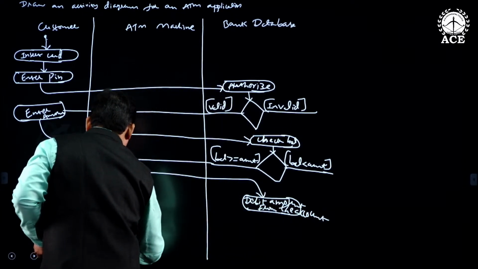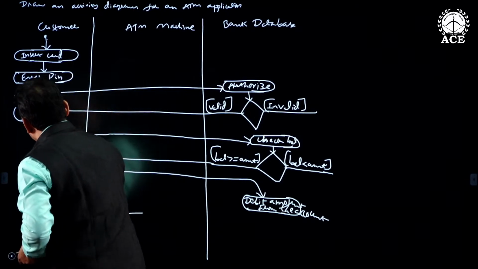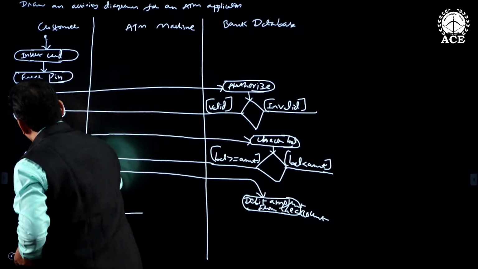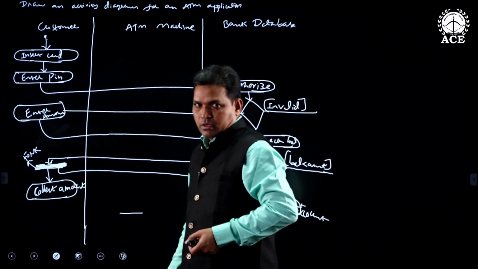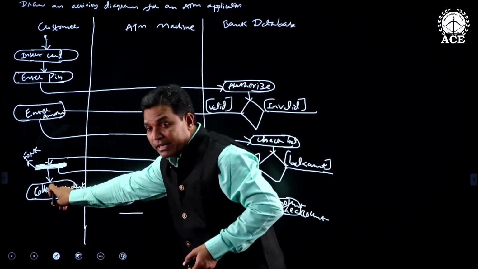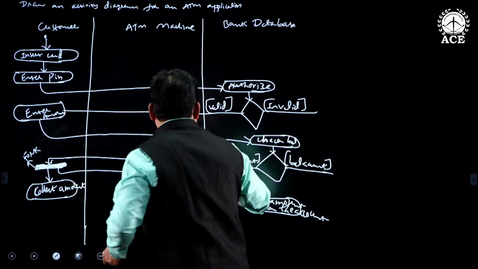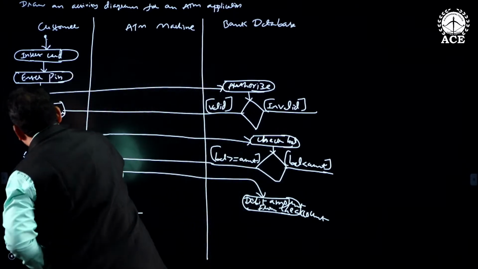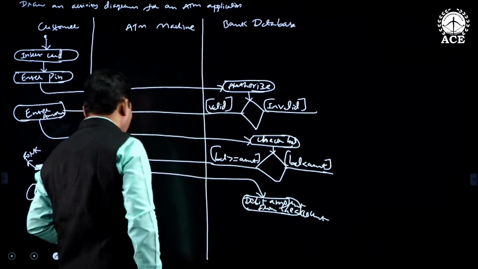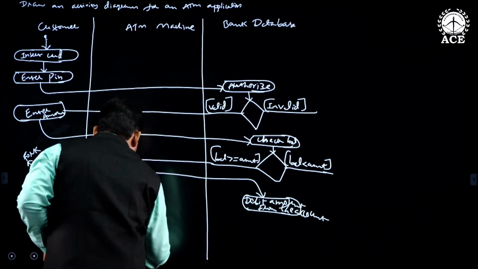Just observe, this is what we call a fork: one incoming transition gets divided into two outgoing transitions. Then what is a join?